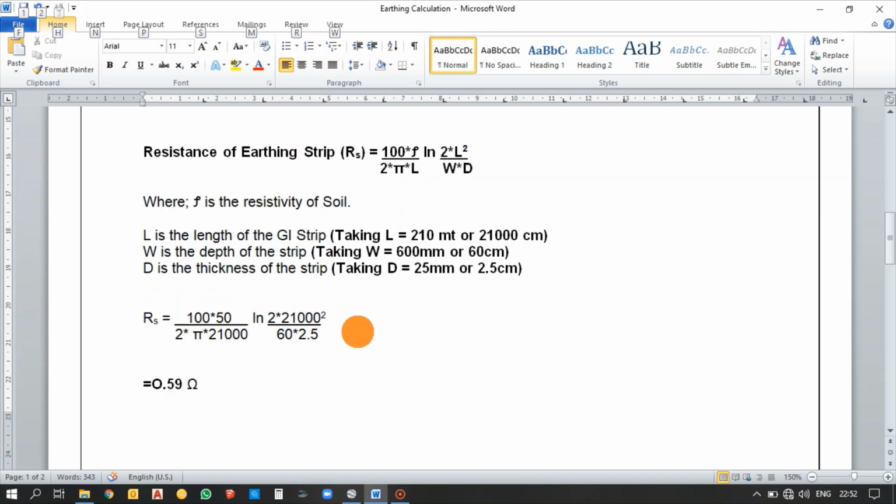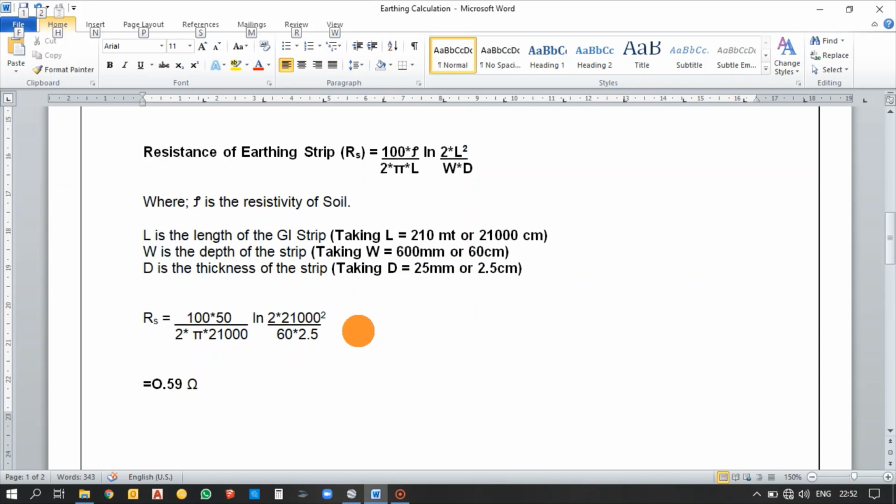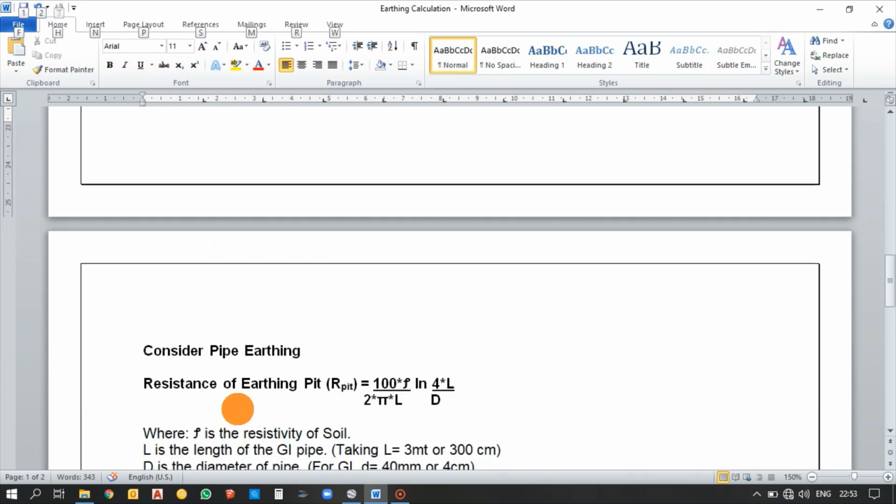Equating all these values, we get the resistance of the earth strip, RS, equal to 0.59 ohm.